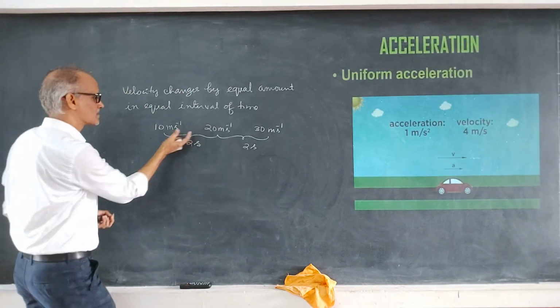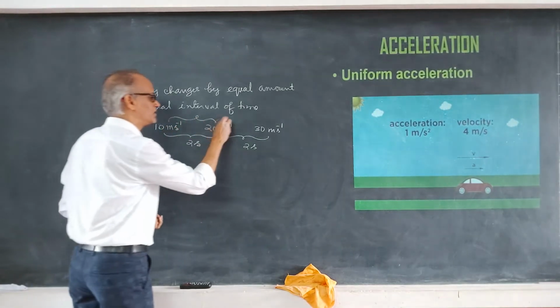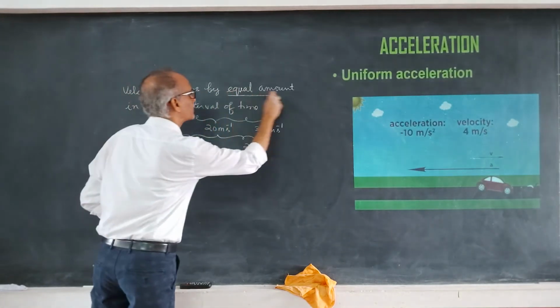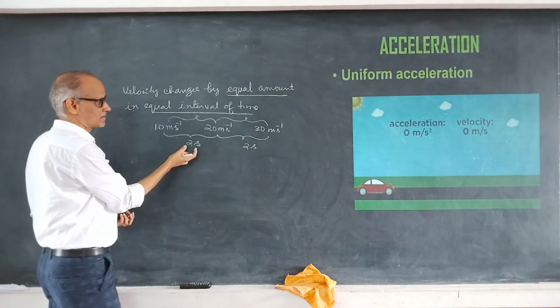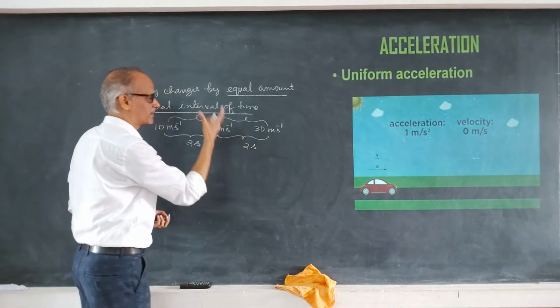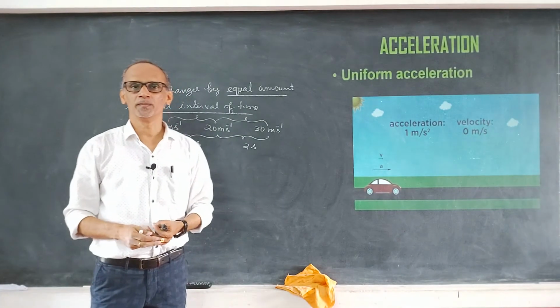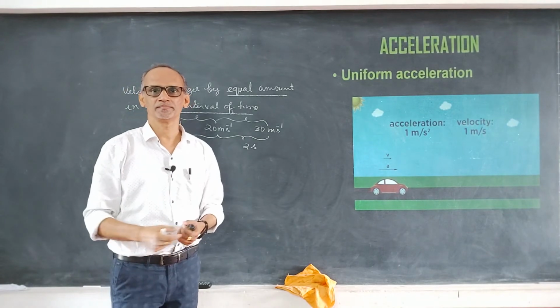What is the change here? 10. What is the change here? Again 10. So, velocity changes by equal amounts in equal intervals of time. This change takes place in 2 seconds, next again in 2 seconds and so on. Then we say that the acceleration is uniform, and a good example is a freely falling body.